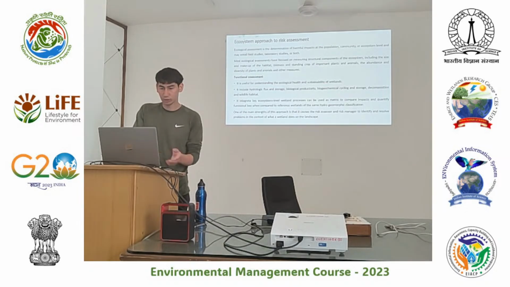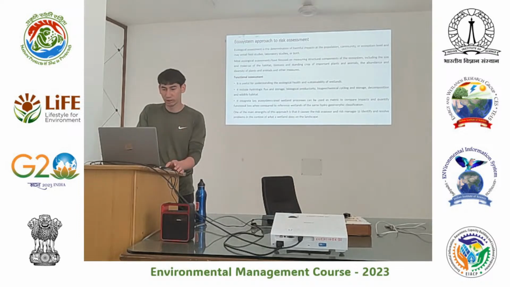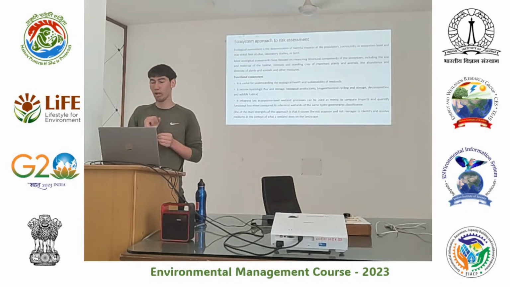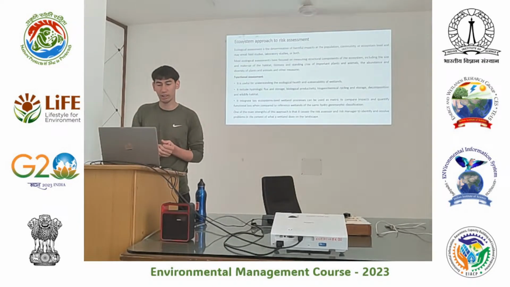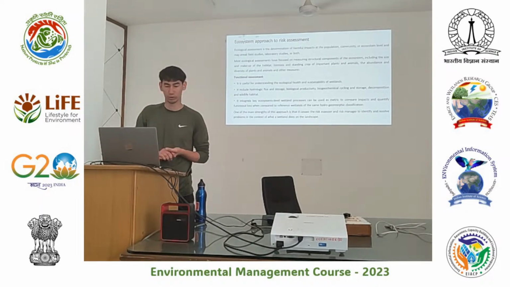And for the ecosystem, there are two approaches for risk assessment. Ecosystem approach to risk assessment: ecological assessment is the determination of harmful impact at the population, community, or ecosystem level, and may entail field study, laboratory study, or so.